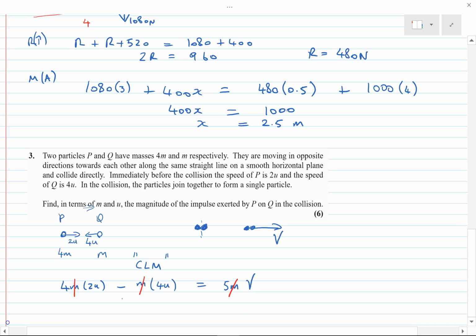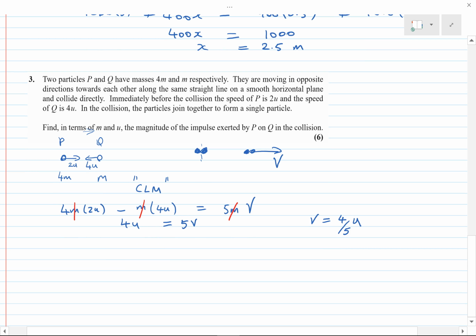Now m cancels, so that becomes 8u minus 4u, so that's 4u equals 5v. So v is equal to 4 over 5 u. It hasn't asked for that, but we need it to work out the impulse.